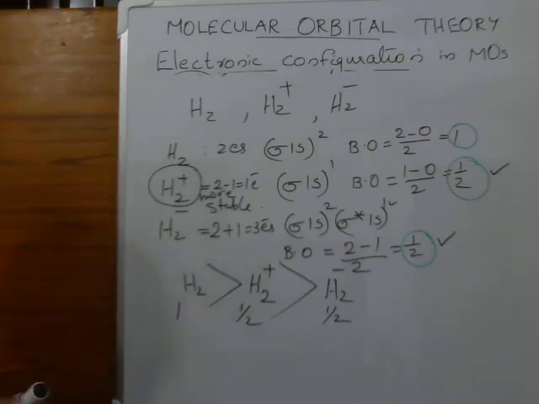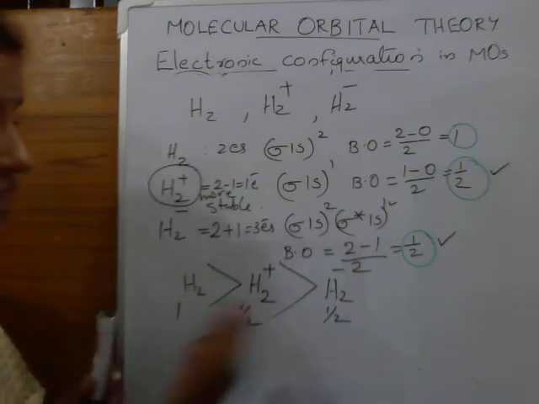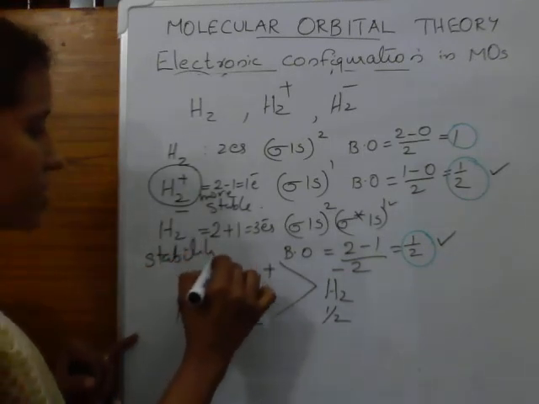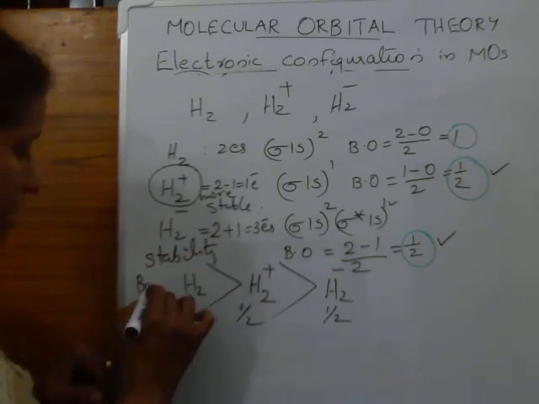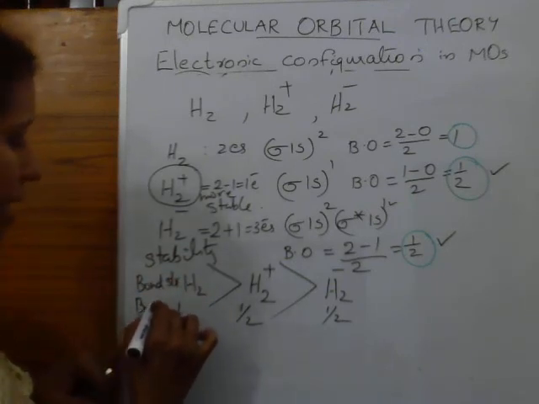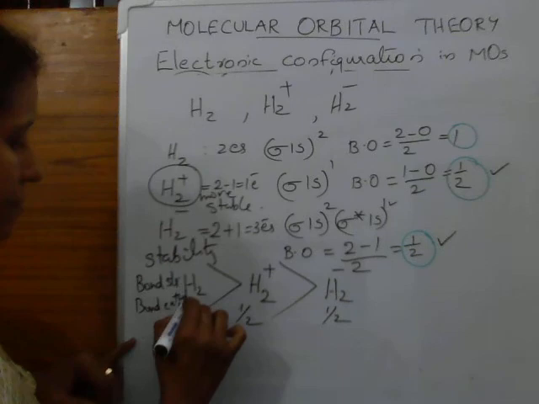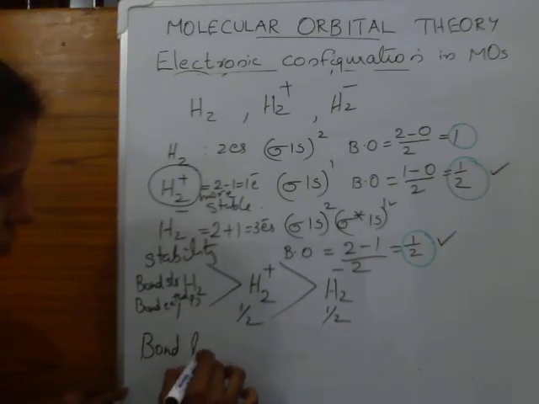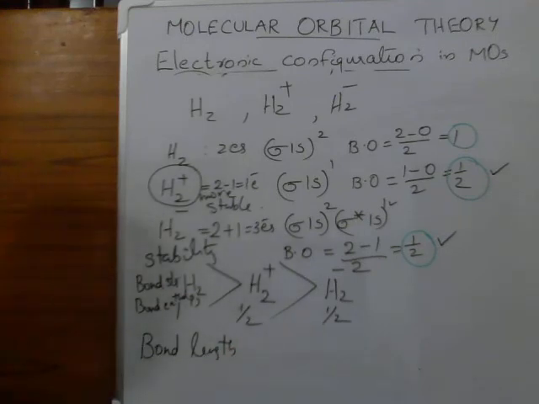If the question is to compare the bond strength, this will be the order of stability, this will be the order of bond strength, this will be the order of bond enthalpy, but the order of bond length will be the reverse. We know bond length and bond order are inversely proportional.